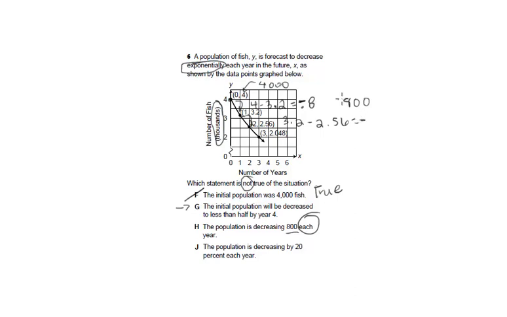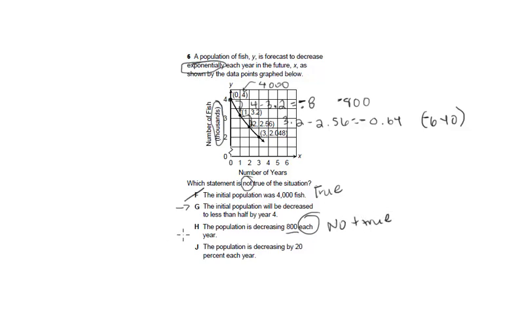So we're going down by 800. This is negative 0.64, which would be negative 640, which is not a constant rate of 800. So this is not true.